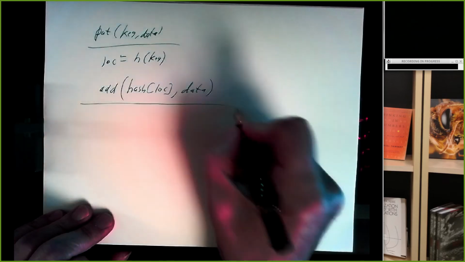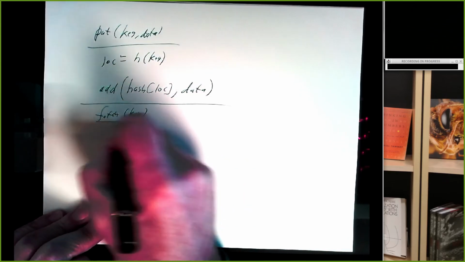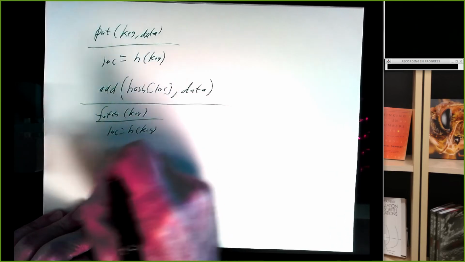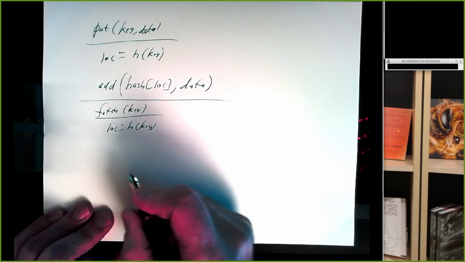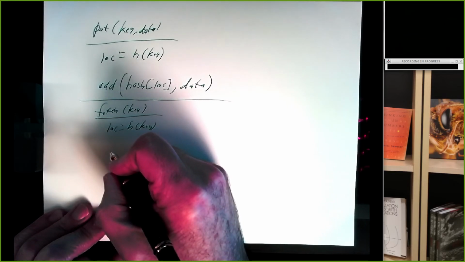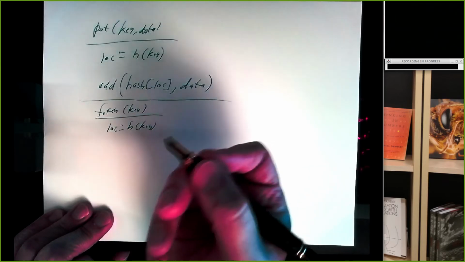And then if you want to fetch, find out where in the array the sentinel is for the list that should contain your data. And then I don't remember what our PA1 functions look like anymore. Well, we didn't have a fetch.